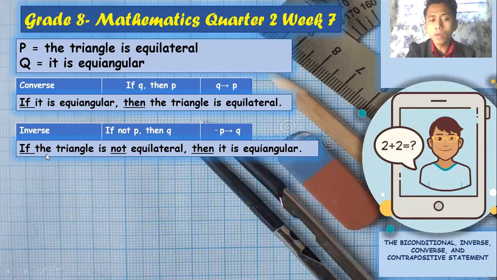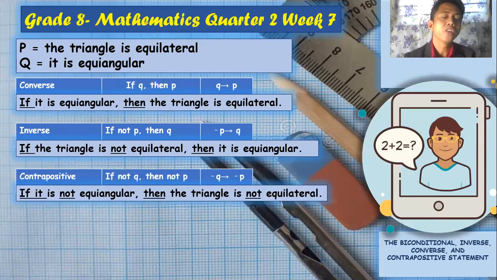So we have the triangle is not equilateral, then comma, then followed by the word then, and then our Q. What is our Q? It is equiangular. So by following the pattern of the inverse statement, we can conclude that our inverse statement is, if the triangle is not equilateral, then it is equiangular. So that is the inverse statement.